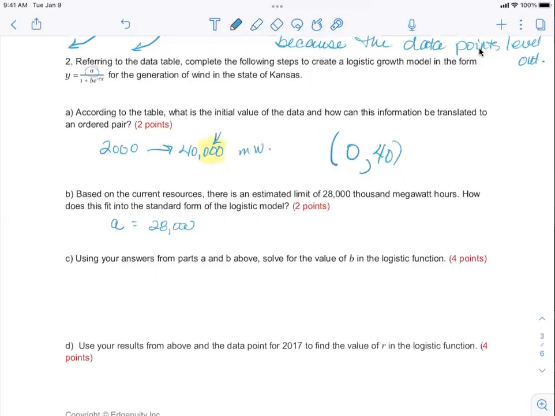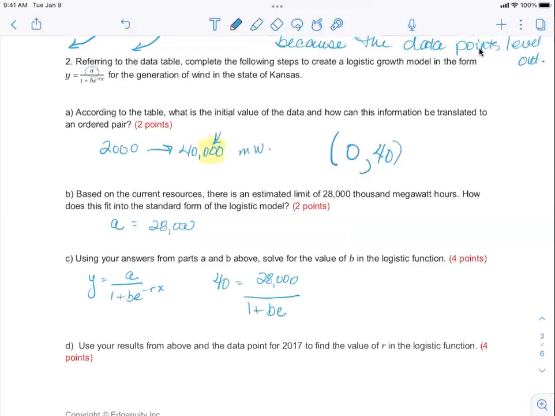C, using your answers from part A and B above, solve for the value B in the logistic function. So we have to say that y is equal to A over 1 plus B e to the negative rx. In this case, we know the initial amount is 40, so we'll say 40 equals A, which is 28,000, over 1 plus B e to the negative r times x.